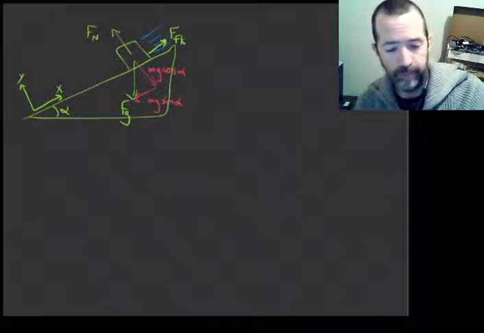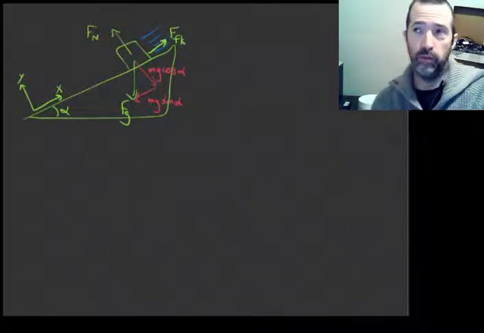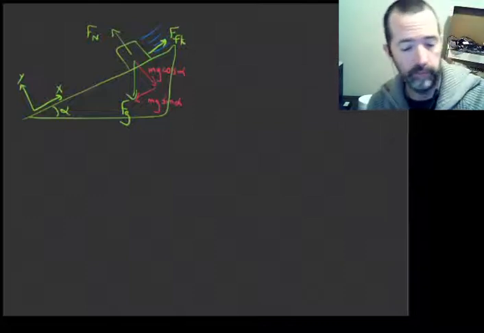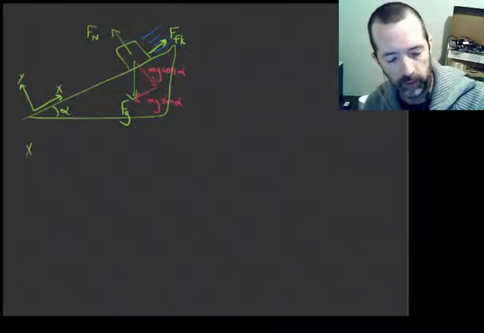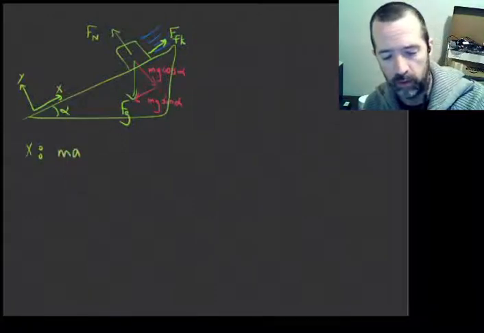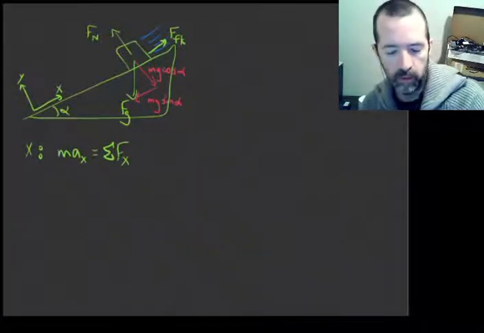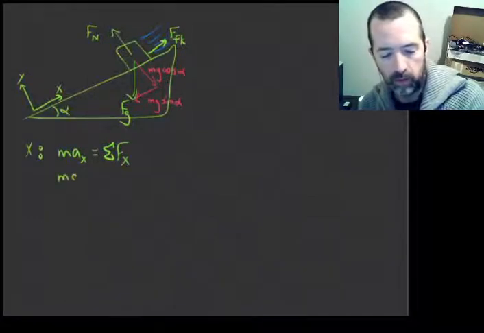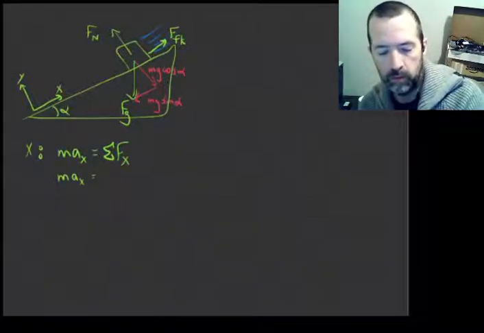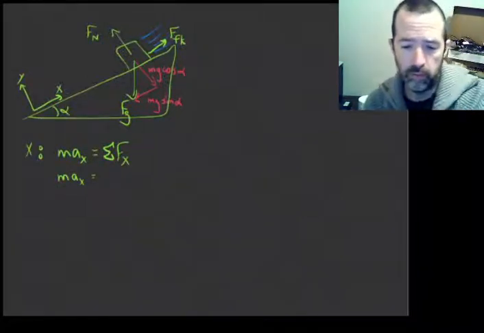So what I want to do is figure out the acceleration. If I start the way I did last time with the x direction, m a sub x is sigma F x, the forces in the x direction. This time there are 2 of those.